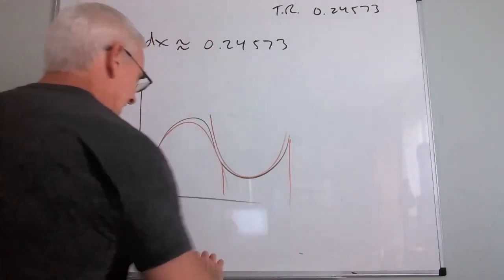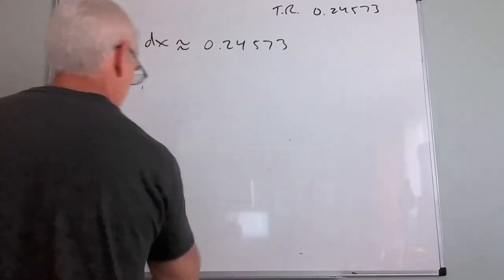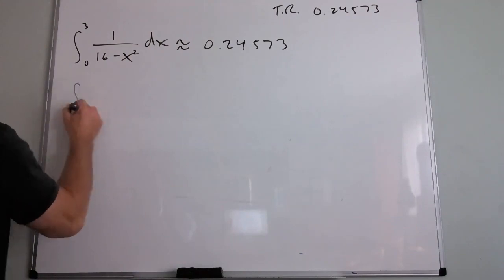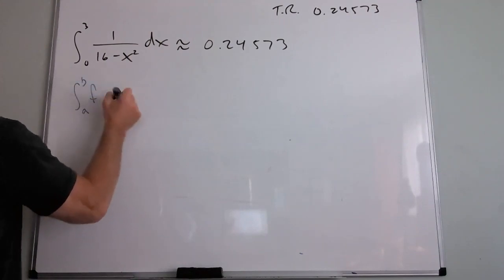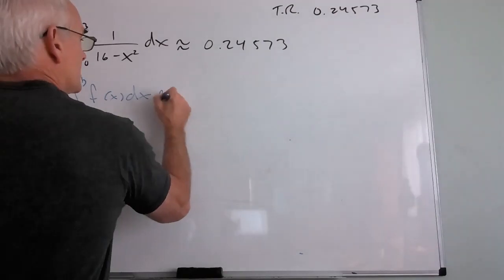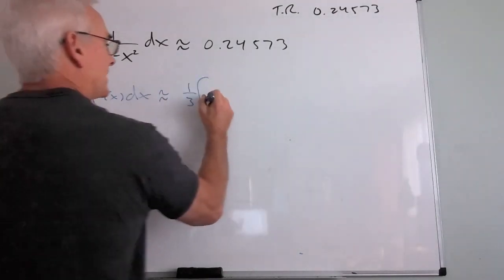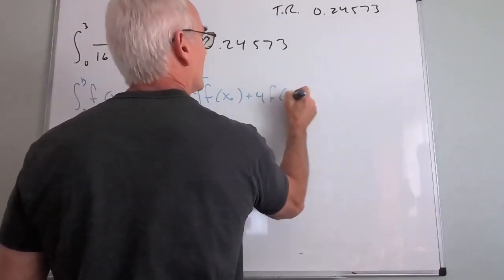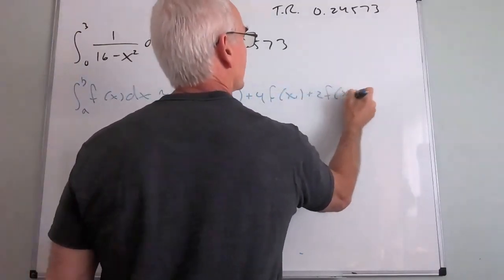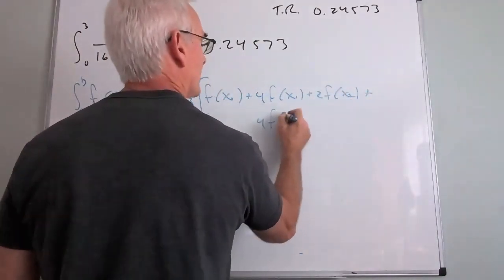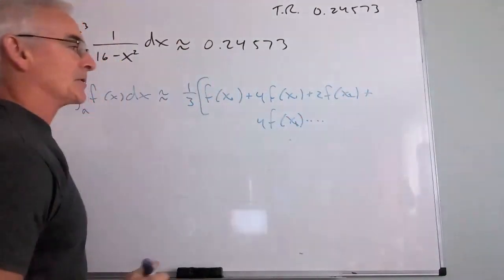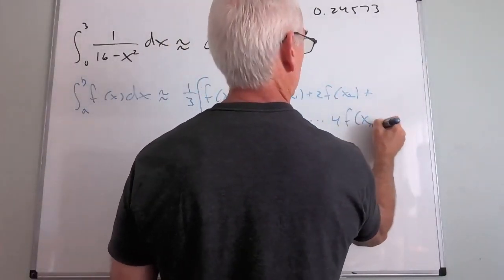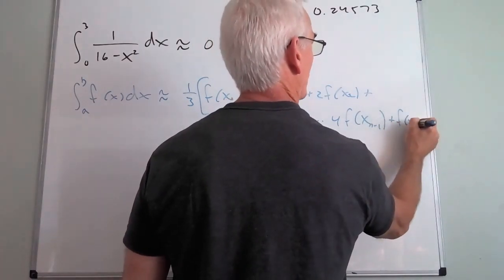And so the second formula looks like this: the integral from a to b of f of x dx is 1/3, and it starts the same way, but then it's 4, 2, 4, with this alternating pattern of 4, 2, 4, 2, then 4, and then just one of the last one.